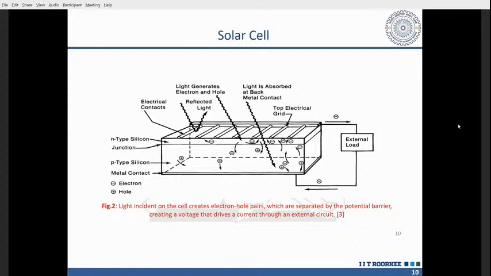It comes from the solar light energy, and when this light energy falls on the p-n junction, then it generates the free electrons, and those free electrons are driven by the potential barrier which is created within the p-n junction. Due to that barrier, the potential difference or driving force drives the free electrons from one terminal to the other terminal.